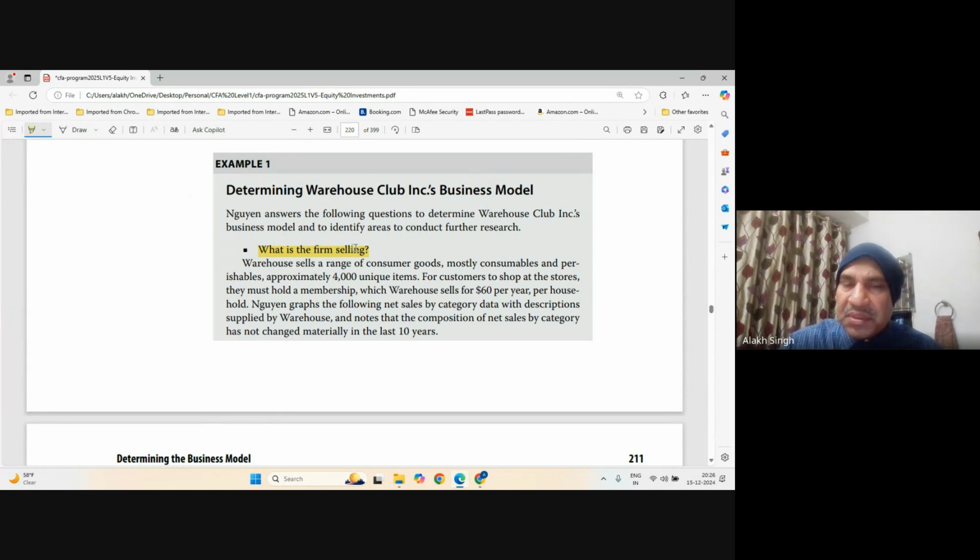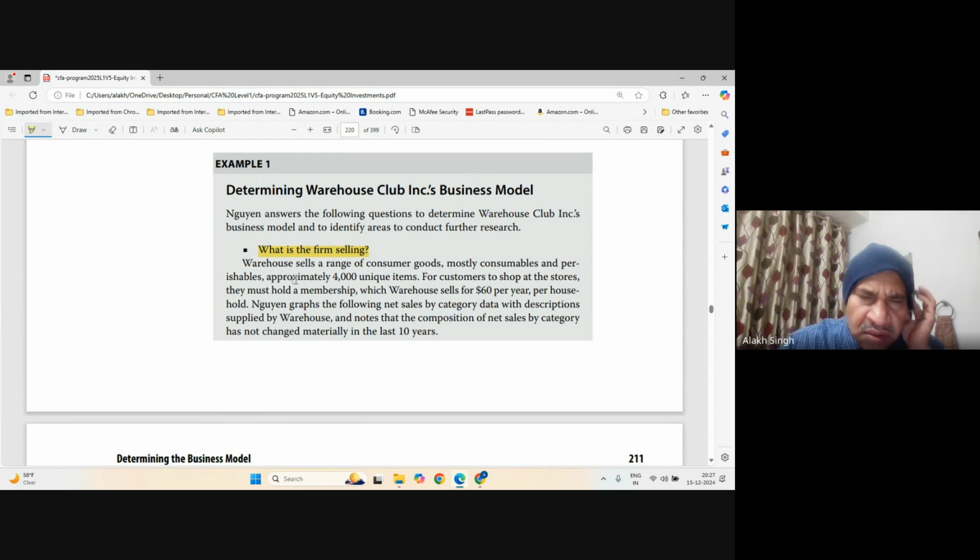To find the business model of the company, what the firm is selling: Warehouse sells a large number of consumer goods, mostly consumables and perishables, with perishables meaning things like vegetables and meat, etc. Approximately 4,000 unique items.